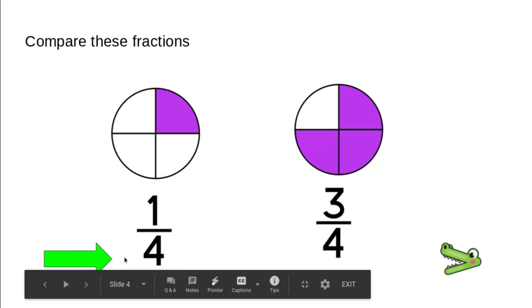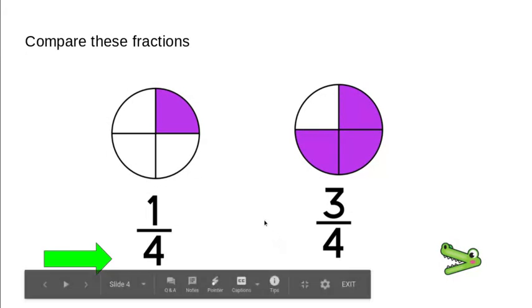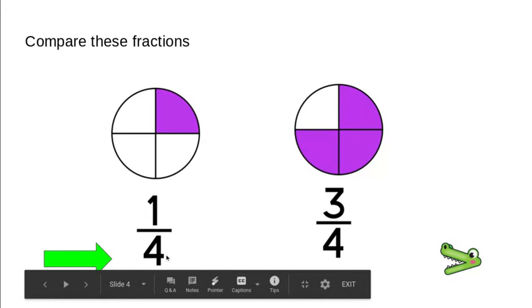Again, there's that green arrow. The first thing I want to do is look at my denominator, 4ths and 4ths. All right, so great. That makes my job easier because I know the pieces now are the same size that I'm comparing. So 1/4 or 3/4. Okay, so 1 piece out of 4 and 3 out of 4. And we know that the 4s are equal sizes. So that's what makes the job easier.